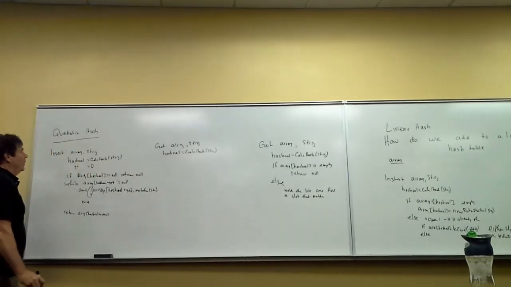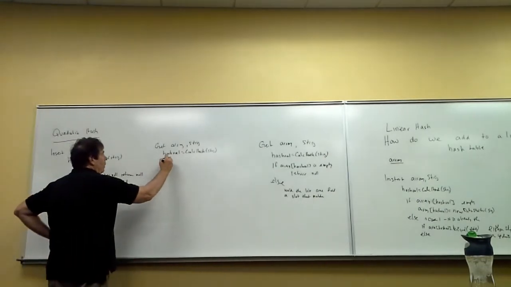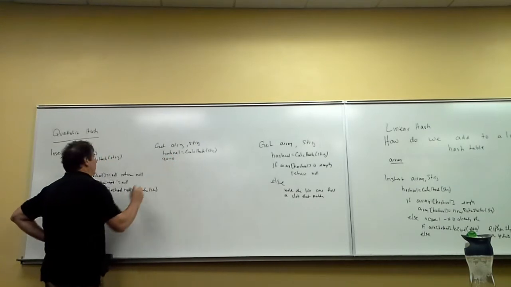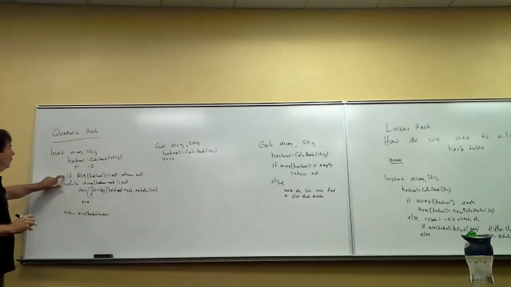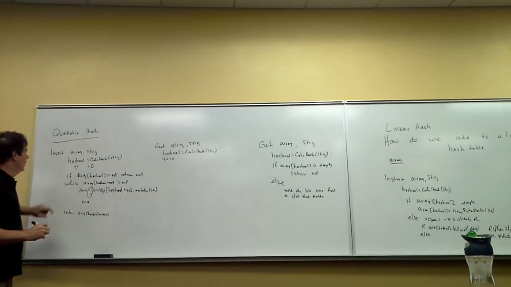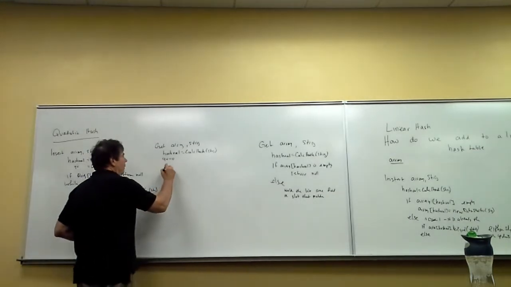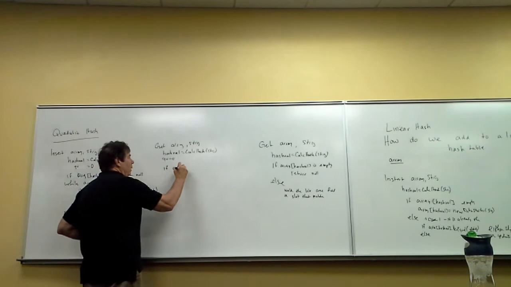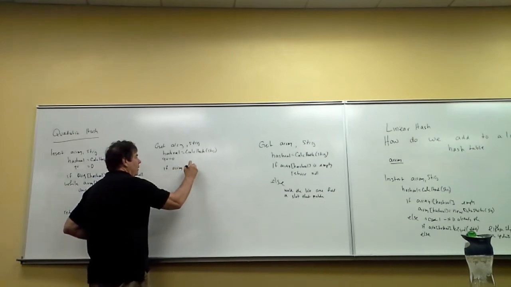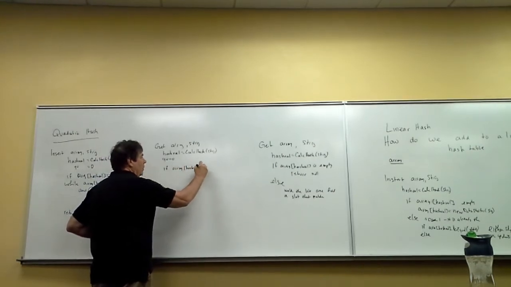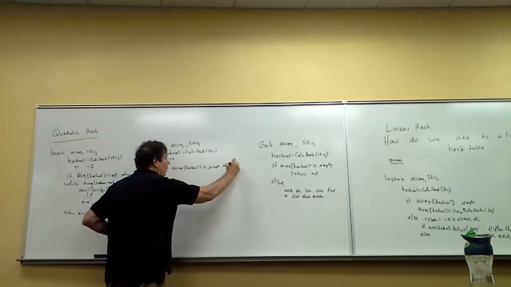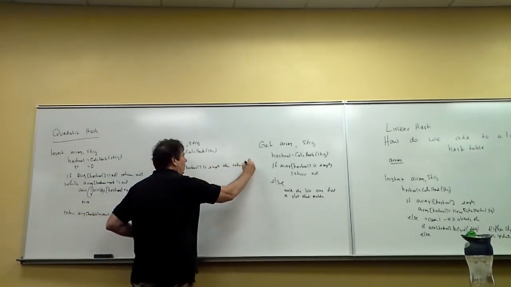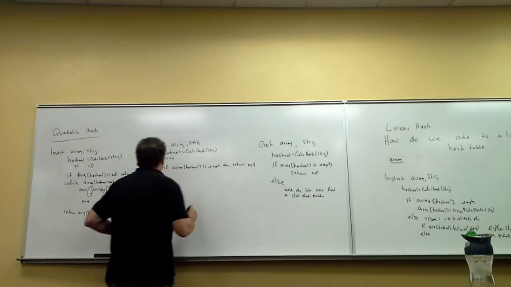Okay. QV 0. So what should I do first? Why don't I try this? If array hash val is empty, then return. Okay.